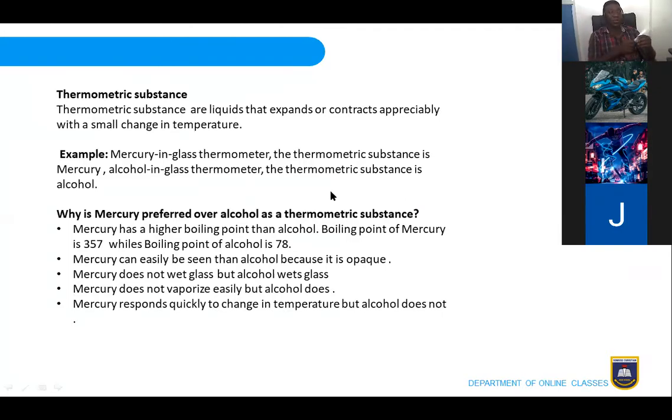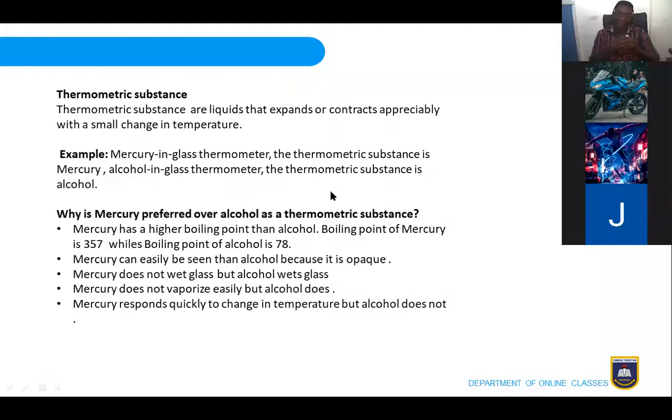If you go to the clinic and they insert the thermometer in your armpit, and you look closely at the glass, at the graduation on the thermometer, what helps you to determine the temperature is the liquid, and that liquid expands or contracts.